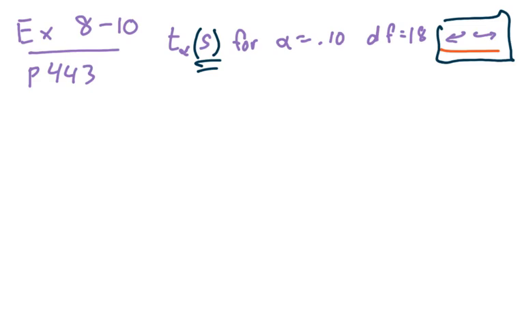It's not a one-tailed hypothesis test. It's a two-tailed test. So we're going to be looking in the second column, because the value of alpha that corresponds to two tails here is 0.10. So second column, the value that we see is 1.734.